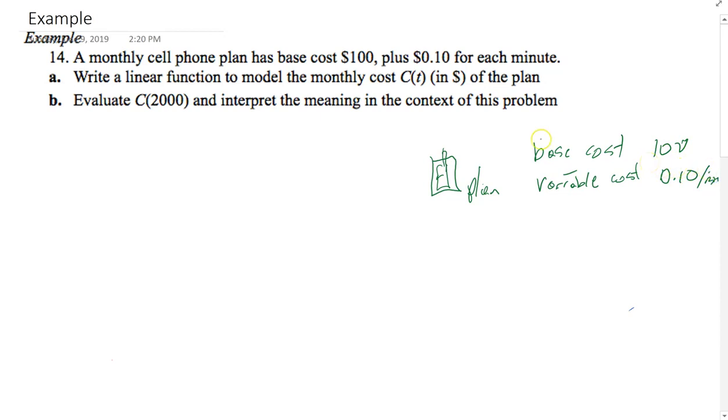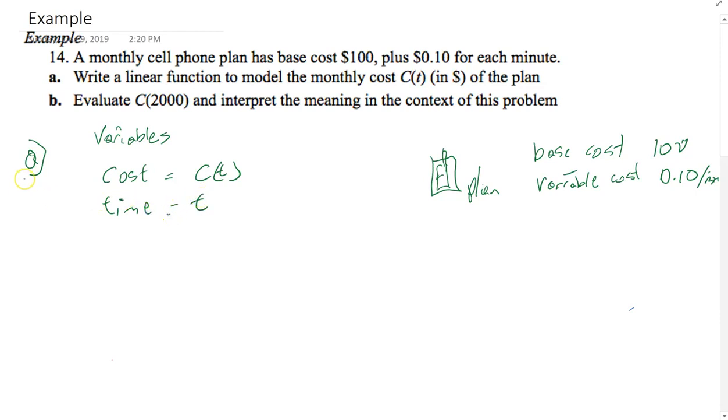We are going to use this to find the total monthly cost, and that's what our model is for. So our variables, like we used x and y, would be our cost, C of t, and time, which is t.